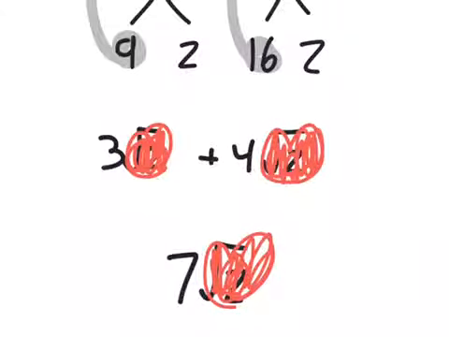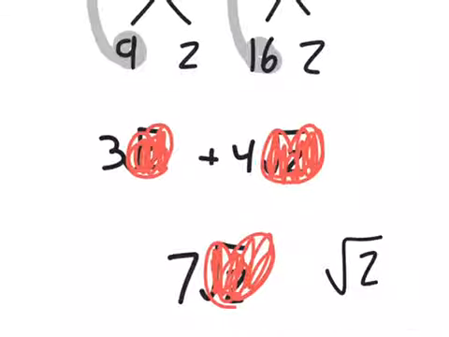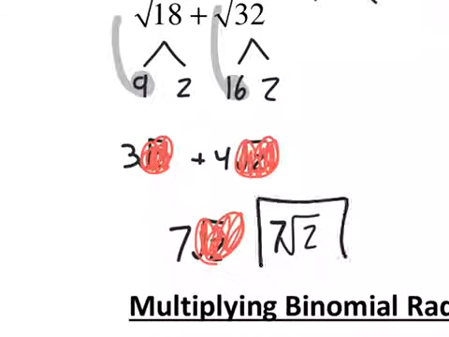And that's why it's not 7 apples squared, or changing apples to any other type of fruit. You have 3 of something plus 4 of something, you get 7 of that same something. And in this case, that something was the square root of 2. All right, and we had 7 of it.